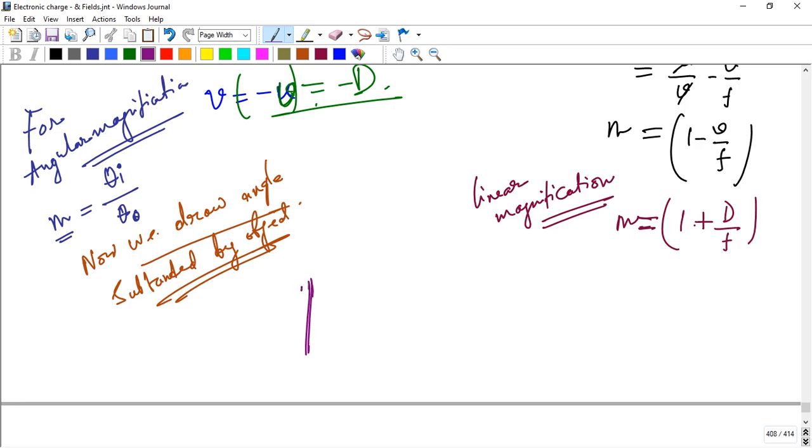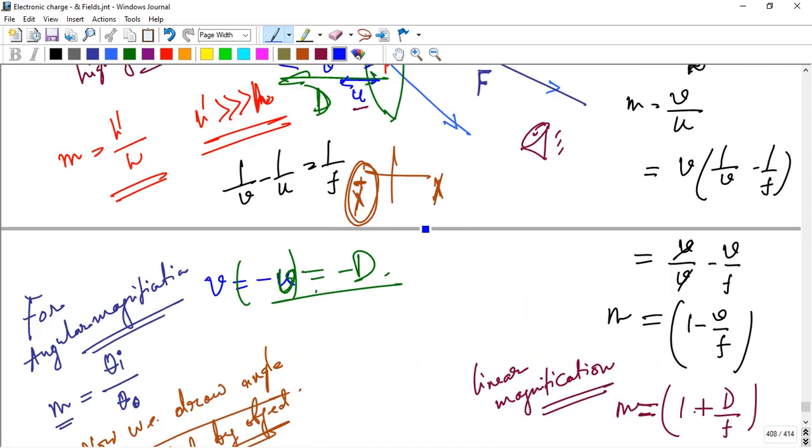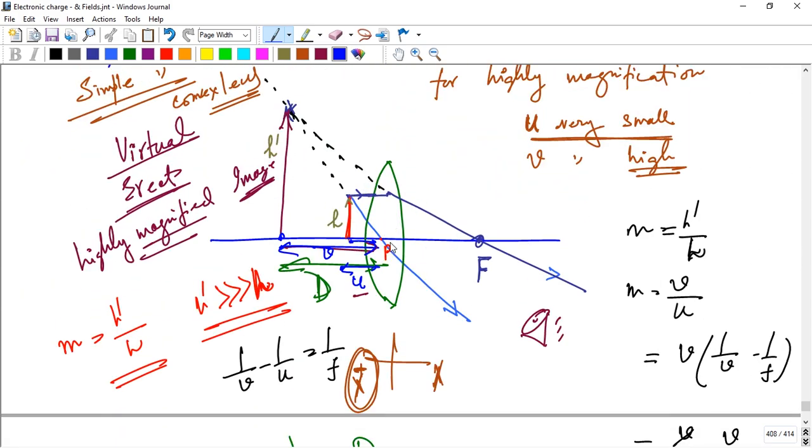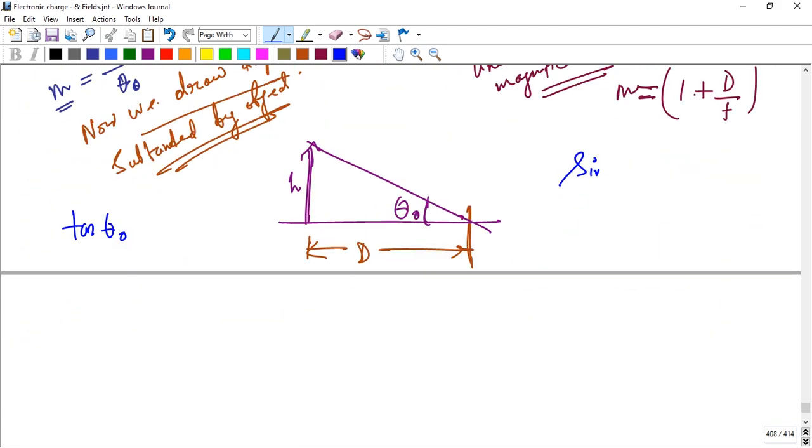The height is h, and suppose this angle we say is theta 0 for the object, and that distance we say is D. So now we apply tan theta 0 for the object. And we need a very important concept here, that is for a single lens simple magnifier. This is called a single lens simple magnifier, simple microscope or magnifier.